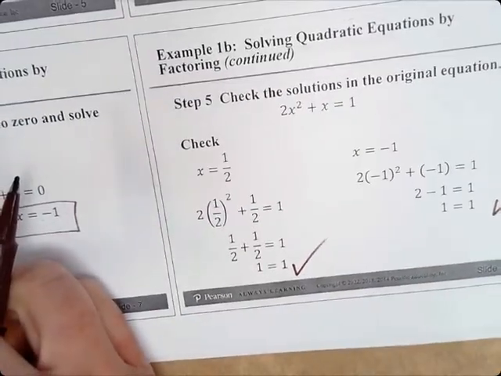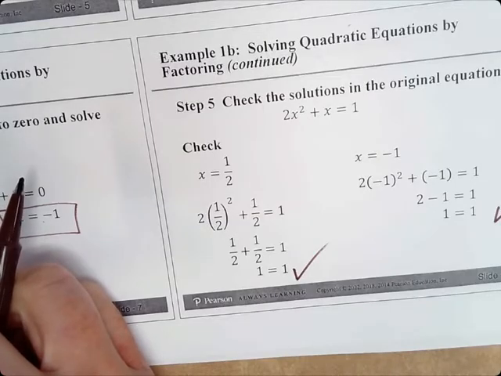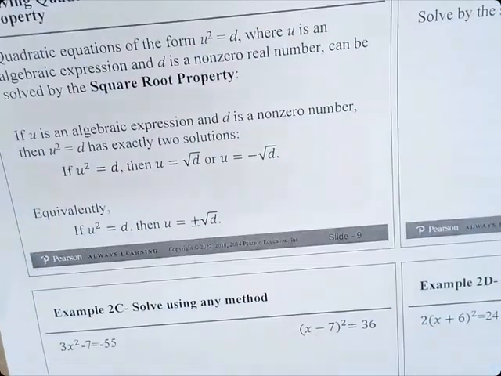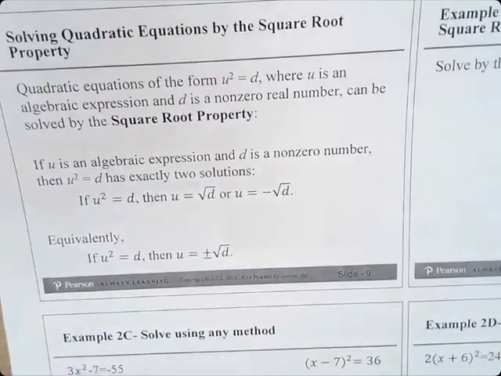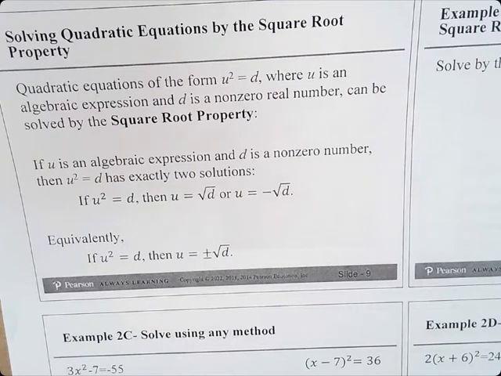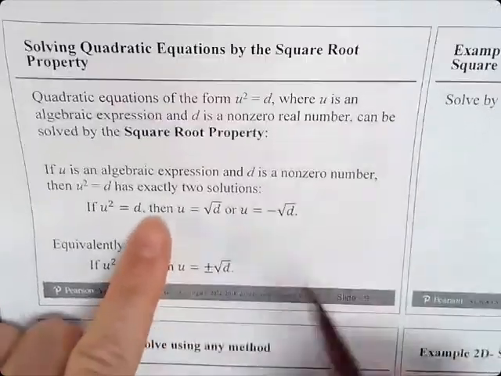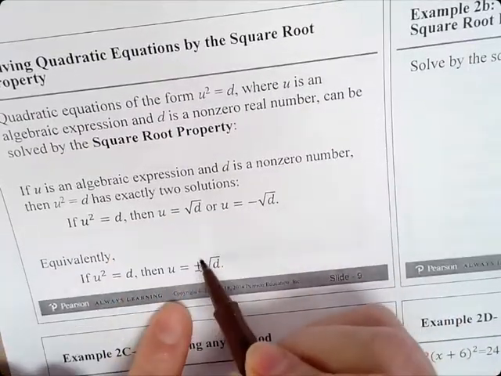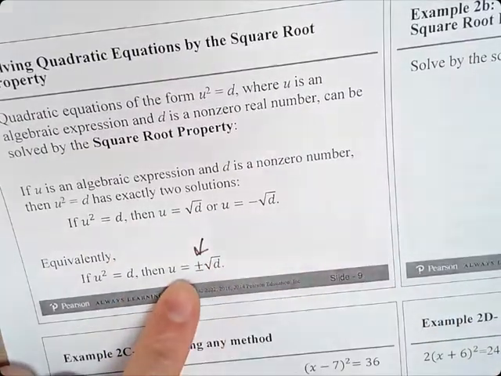Okay, let's go to the next page. We can also use the square root property, which allows us, if we have a perfect square on the left and a perfect square on the right, to take the square root of both sides. Something that you do need to remember is that you're going to use the positive and negative square root.